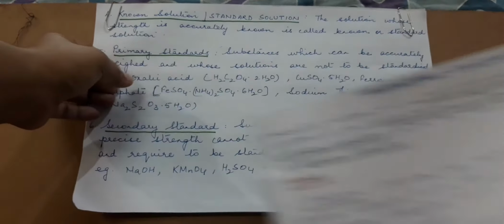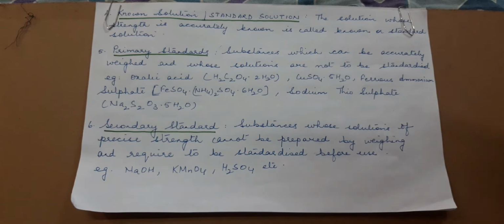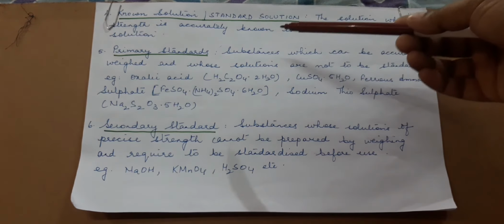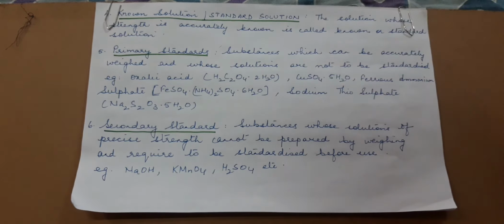Then you have a known solution. The known solution is also called the standard solution. Why standard? Because I know its strength accurately. I know the exact amount of solute present in that particular solution. Why are we saying solution? It means solute and solvent together. I know how much solute is present and how much solvent, so I know the concentration of that solution.